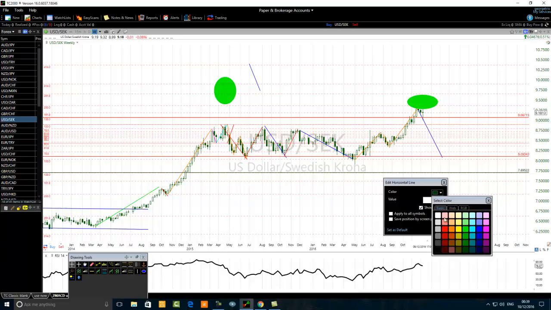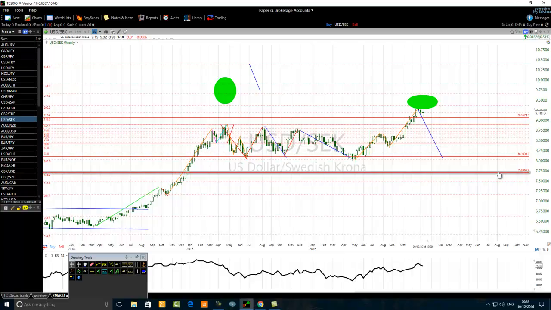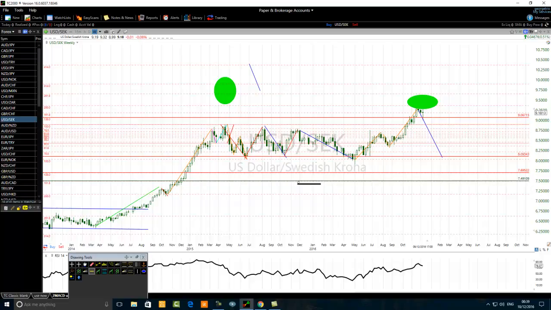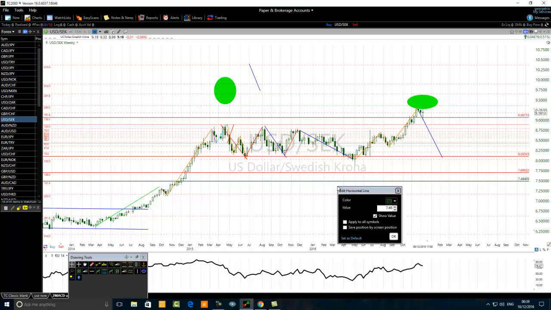So those are the key levels we must watch. If it breaks below this one, the next one is here. Does it mean it will reach that level? No, it has a high chance, but it does not have to. All right? And if it breaks below the second target, it has a high chance to go to the next target level, which is the 161.8% Fibonacci extension level of the A part of the flat correction.